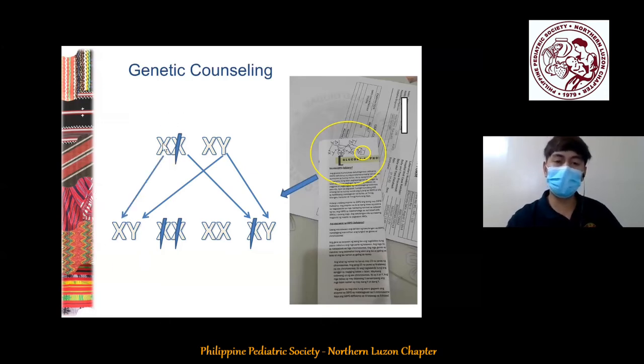So, ibig sabihin ngayon yan, the mother is carrier. Okay, carrier. Kapag affected, 2 X chromosome sira. So, carrier lang siya. Ngayon, bakit yung pangalawang anak ko naging yung babae ay confirmed? Dahil napasa mo yung X chromosome na sira and napasa ni sir yung X chromosome niya which is sira.